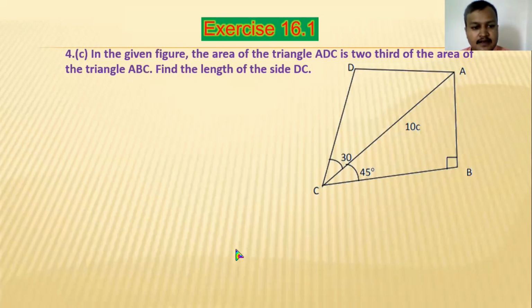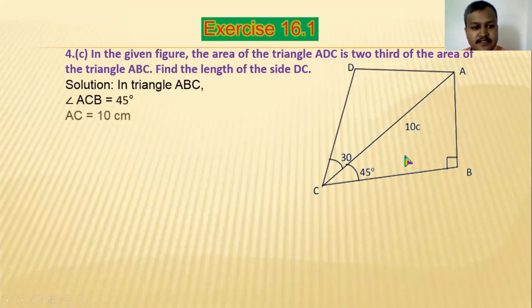So for that, write the given things for the first triangle. In triangle ABC, AC is 10 centimeter, angle ACB is 45-degree, BC is not given to us. After finding the length of BC, we have to calculate the area of triangle also. So look at these both values.